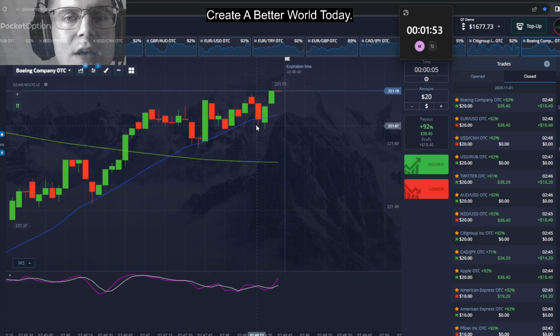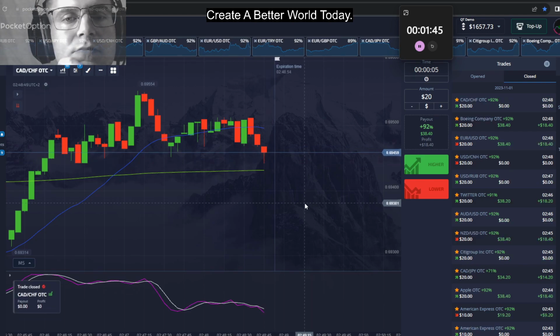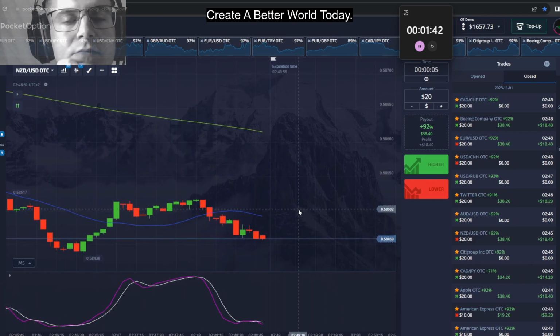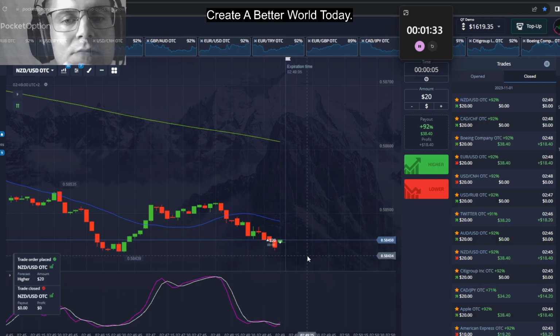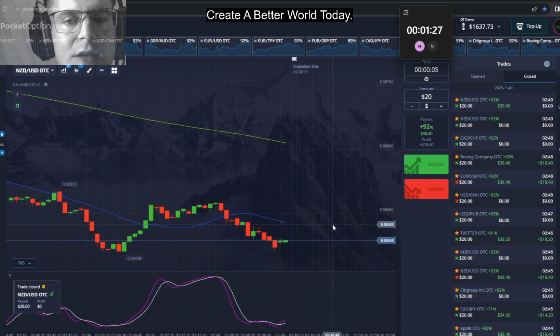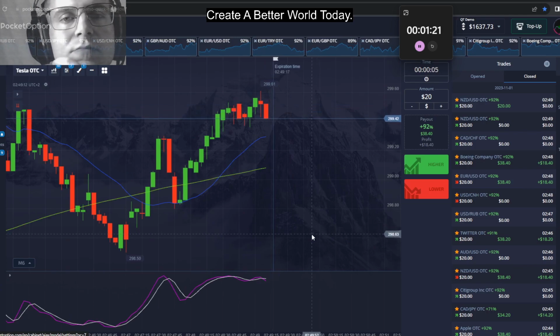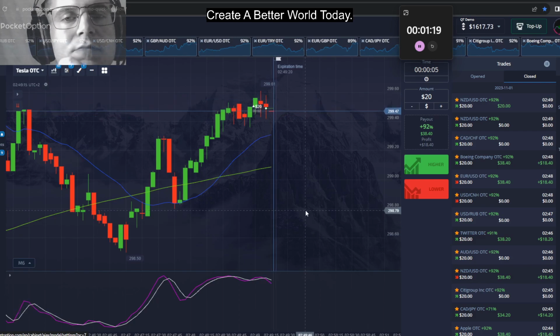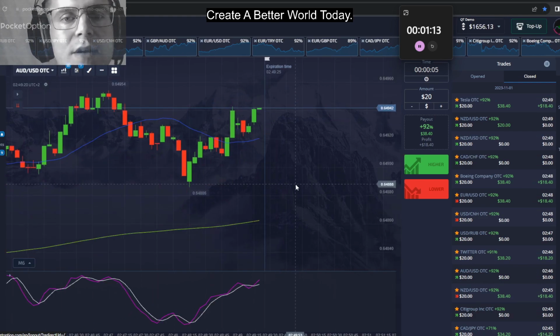Bought on a full red candle, just after the full red candle. Okay, I wanted to buy down here, but it's a little bit late. Yeah, it worked there.